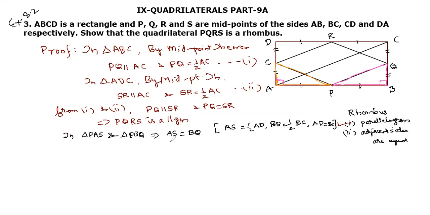Then angle A is equal to angle B, each 90 degrees, because ABCD is a rectangle.